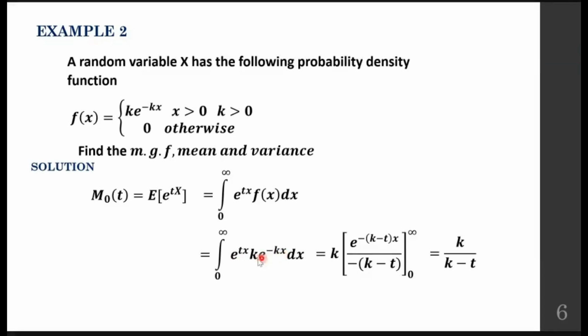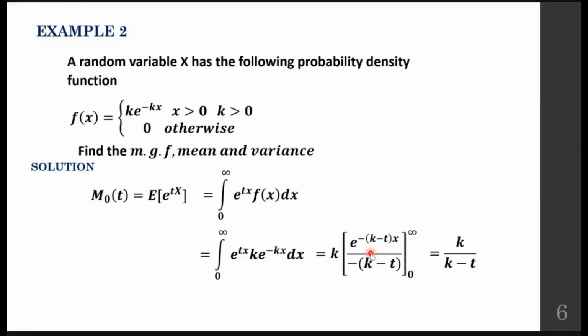If we keep it in the form of t minus k, then when we integrate, we will get e raised to t minus k of x upon t minus k. And then when we apply the upper limit, the whole term will become infinity, because e raised to infinity is infinity. That is why, after combining these two terms, we are taking the minus sign common, so that when we apply the upper limit, the whole term will become 0. Clear?